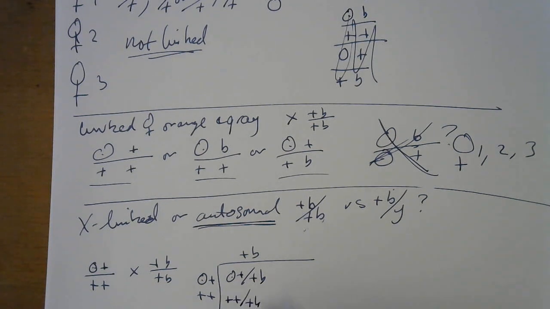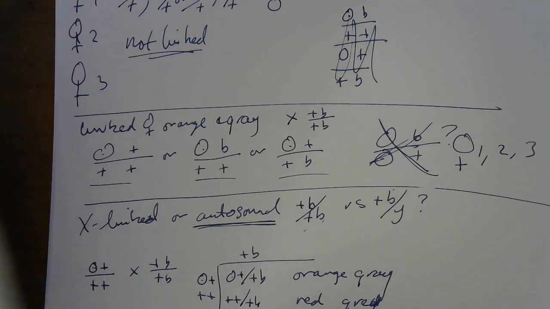and this genotype, and those phenotypes are orange gray and red gray, and it doesn't matter, there's no possible crossing over.